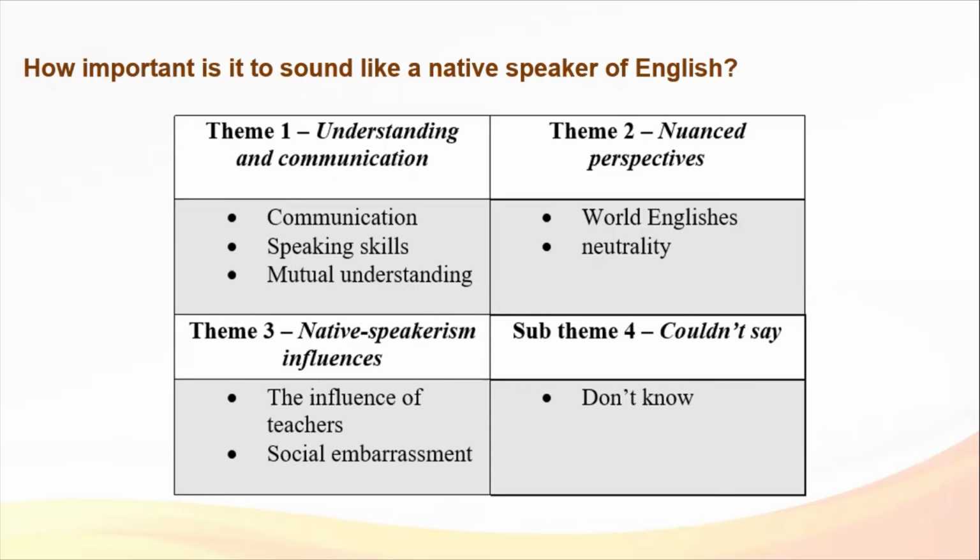Theme 3 showed that native speakerism has influenced their feelings: the influence of teachers and social embarrassment about the way they sound. And theme 4 was a sub-theme, but it's worth mentioning that there was a sizable number of students who couldn't really explain why they thought the way they did. They didn't know.